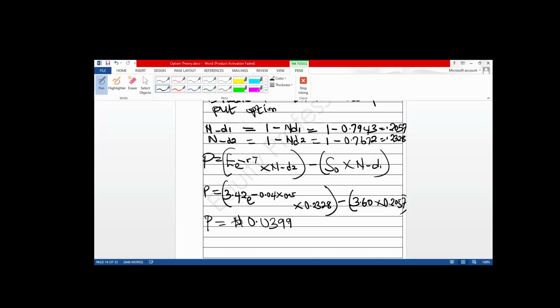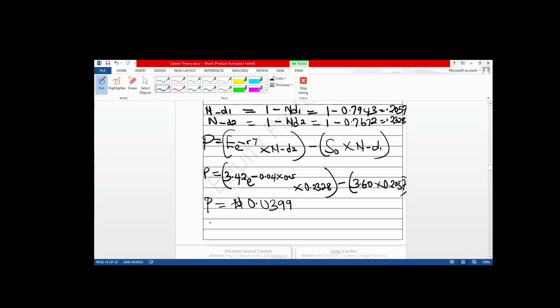If you are getting a syntax error, you are doing something wrong. You have gotten the put price per share. This is the put price per share.